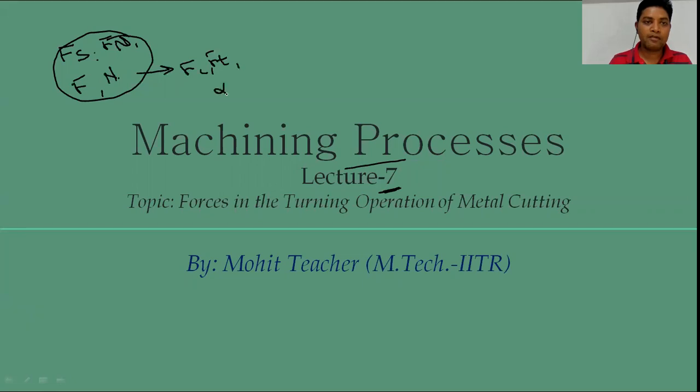Apart from this, alpha and phi are required, depending on the formula from Merchant theory. But right now we are not talking about alpha and phi; in this video we will talk about Fc and Ft. This phenomenon was based on orthogonal cutting.